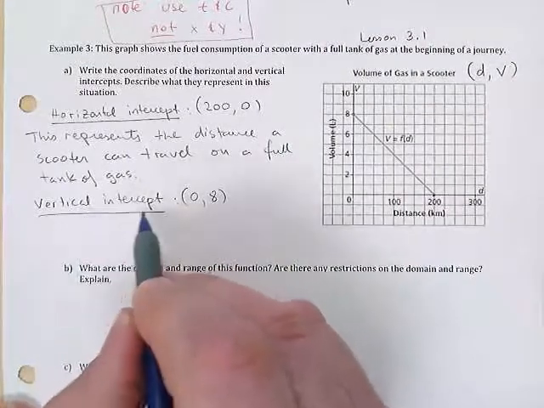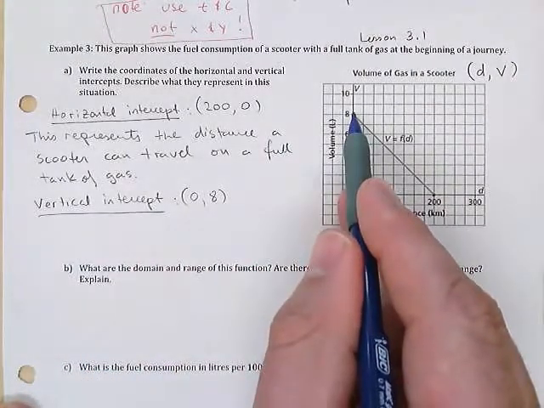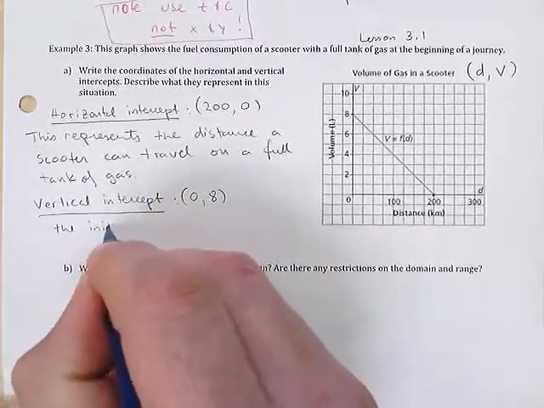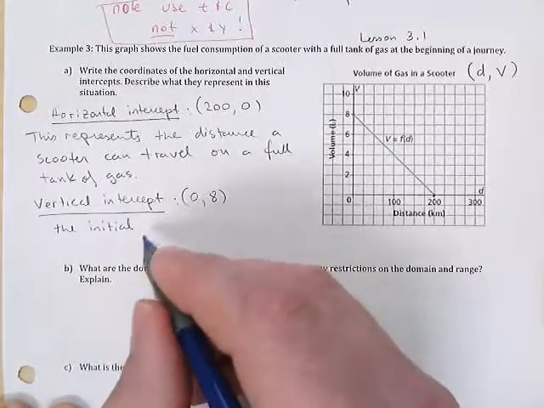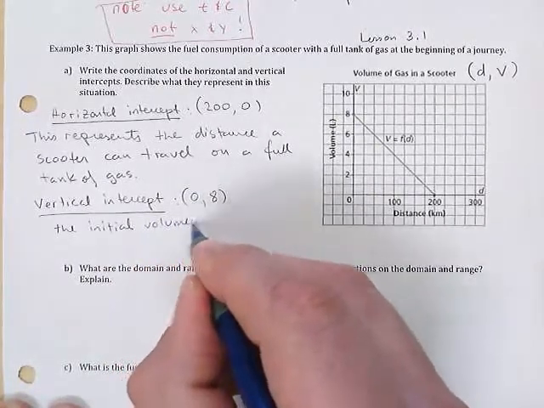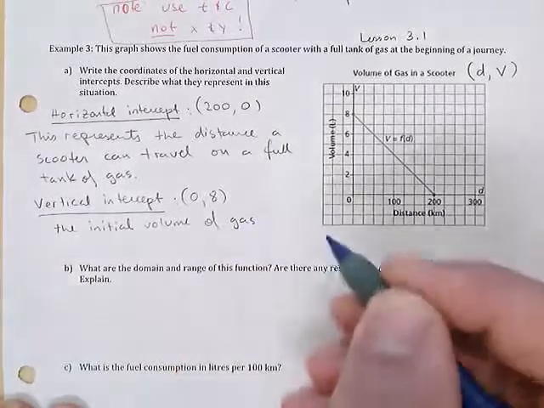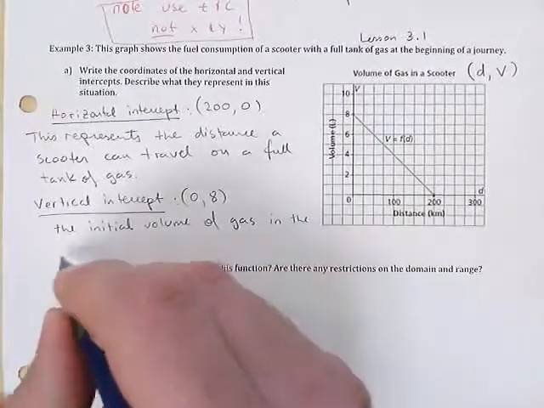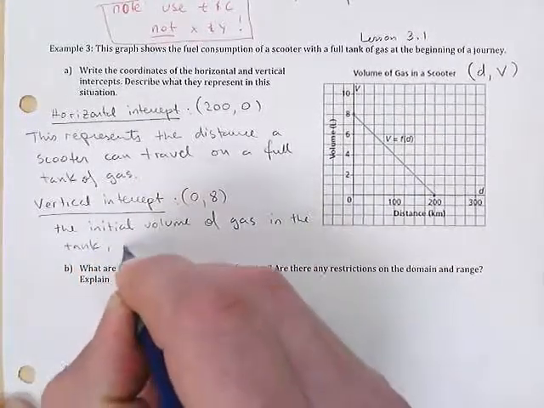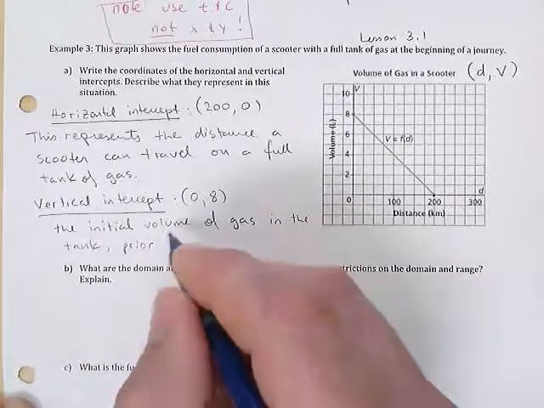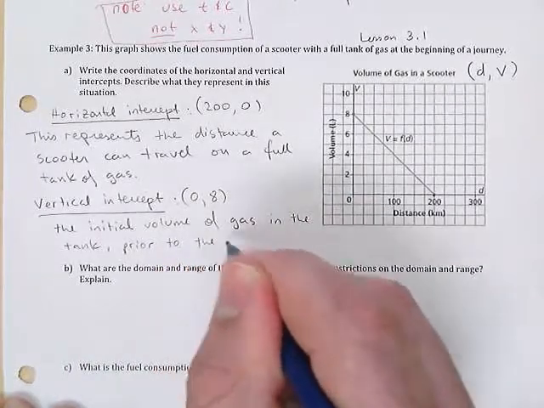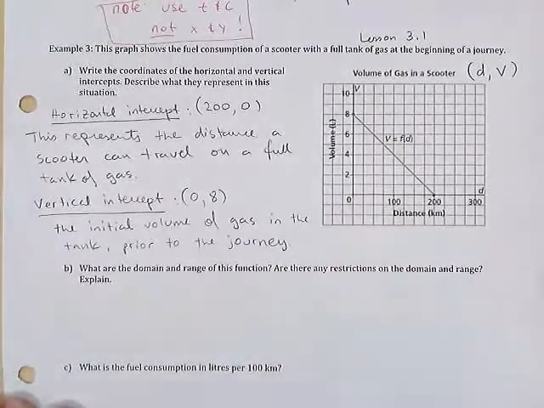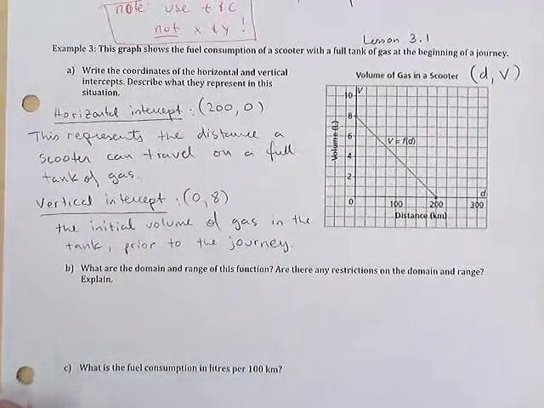Anyways, the vertical intercept, what does that represent? Okay, the initial volume of gas in the tank prior to the journey, prior to starting the journey or departing or whatever you want to say there.